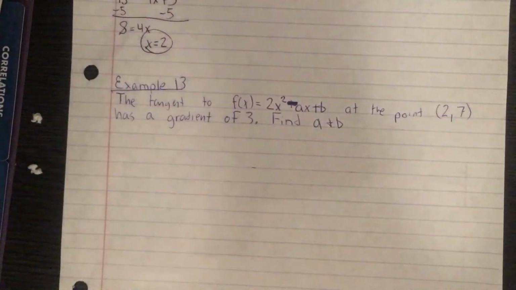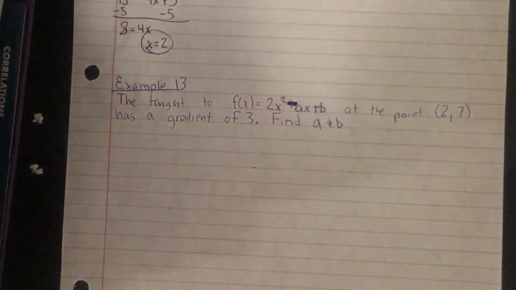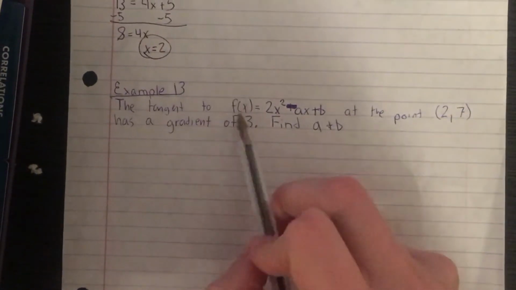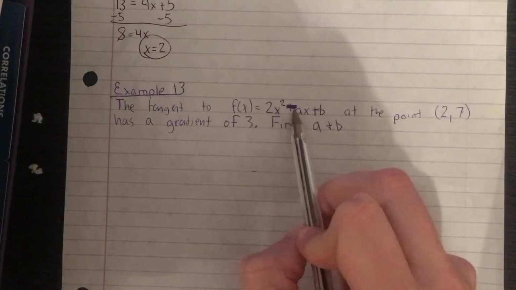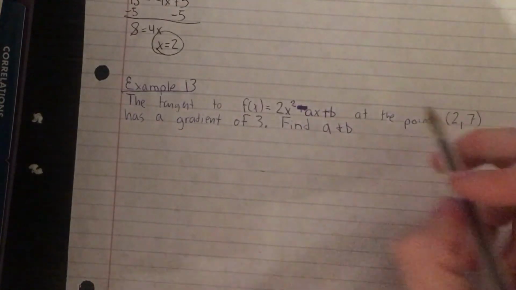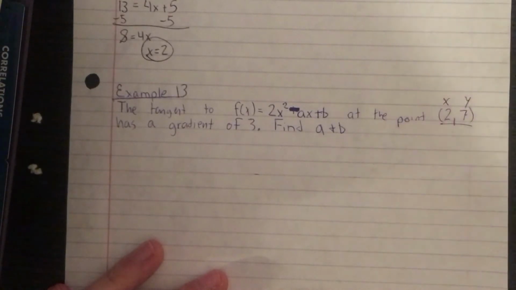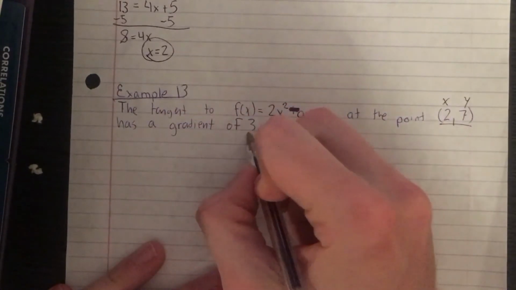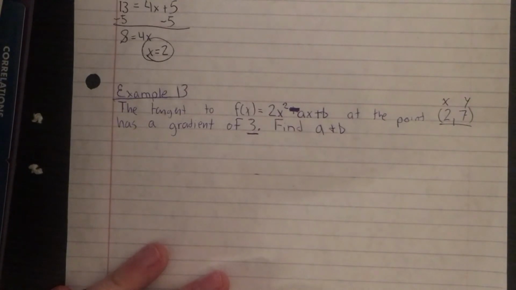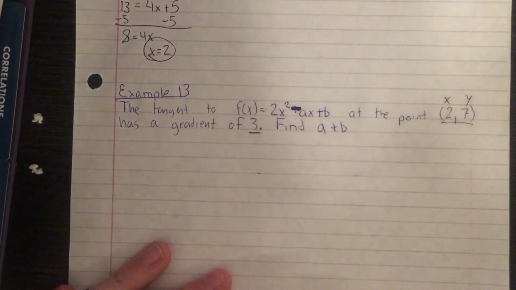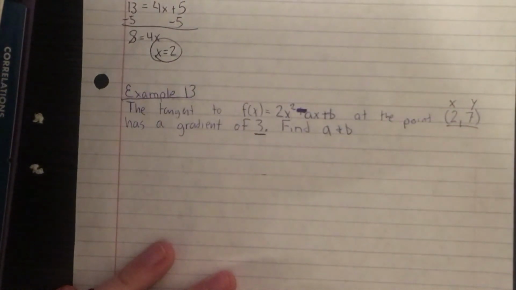So then the last example that we're going to look at for today, we're given the tangent to f of x equals 2x squared minus ax plus b at the point (2, 7), so this is an x and this is a y coordinate, has a gradient of 3. So we want to find out, what are the values of a and b for this quadratic, for this parabola.